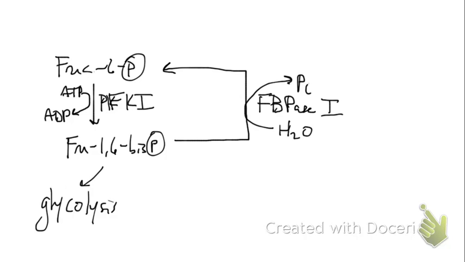That can then go to glucose 6-phosphate and then make glycogen or other things.